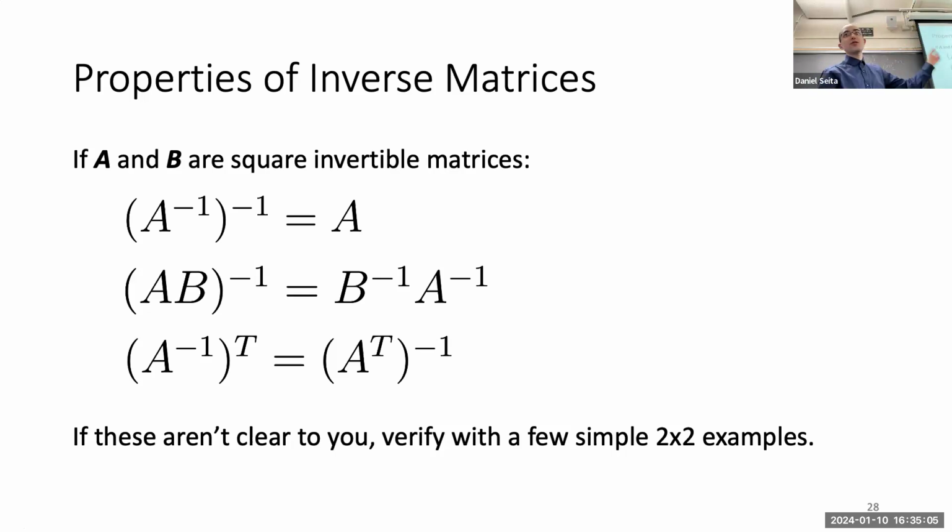And if you have inverses and transposes, then you can essentially reorder them. So these are some basic properties. If they're not immediately apparent, then just do some simple 2x2 matrix example, then I think it'll become clear.